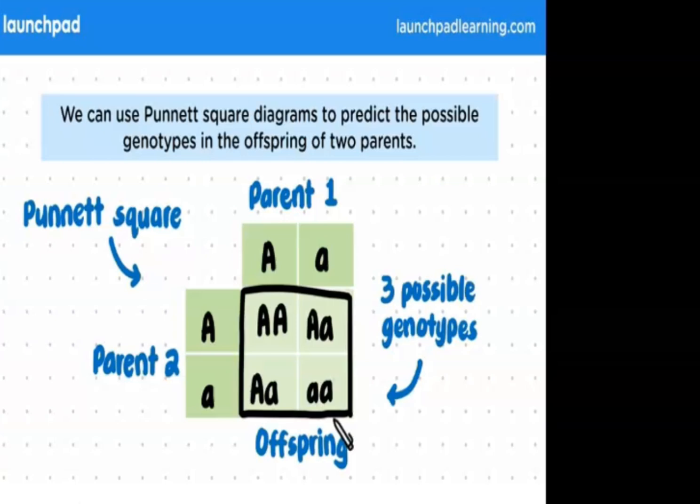We have a ratio of 1 to 2 to 1 here: one homozygous dominant offspring, then two dominant and recessive gene offspring, then one recessive offspring. So we have a ratio of 1 to 2 to 1. The Punnett square shows that each child of these two parents will have one of these three genotypes.